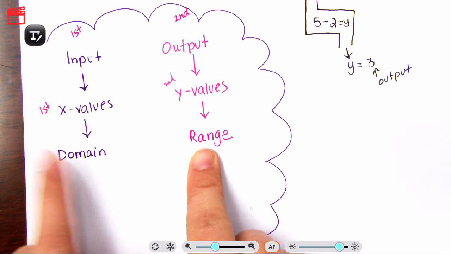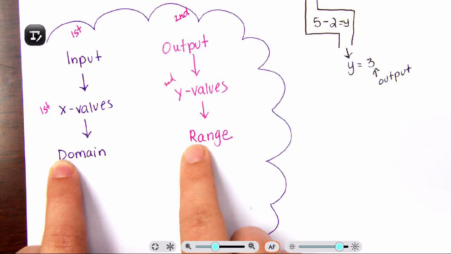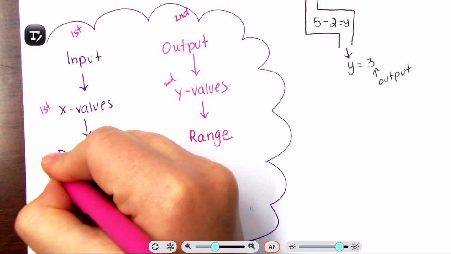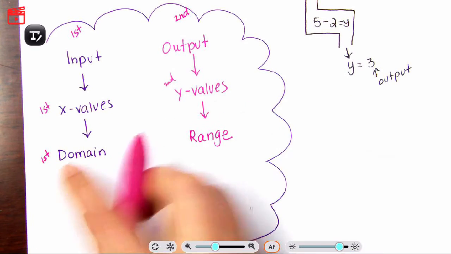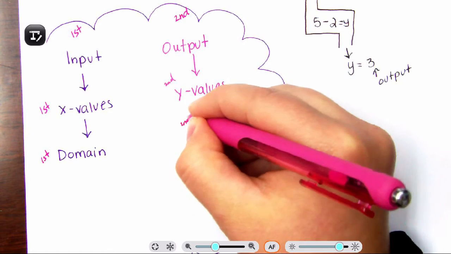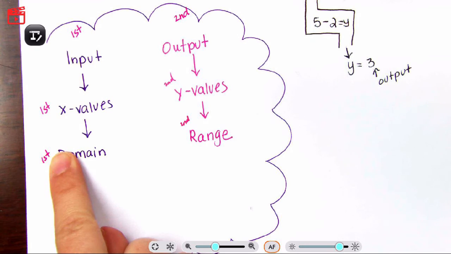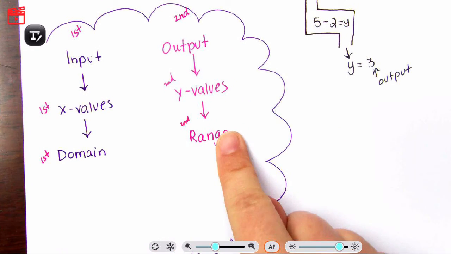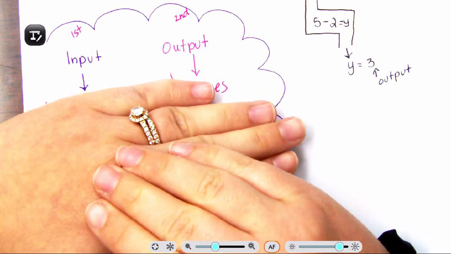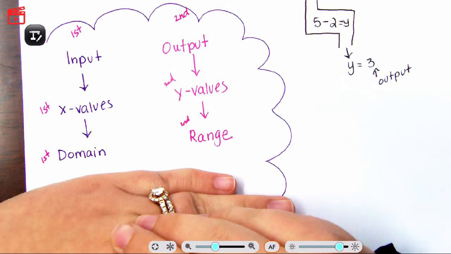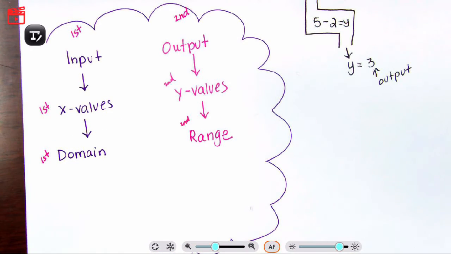A, B, C, D, E, F, G, H, I, J, K, L, M, N, O, P, Q, R. So again, the domain D is first, then R is second. So notice how all of these in the alphabet come first, and then all of these come second. Okay, input, output, X and Y, domain, range. That's the easiest way that I can recommend you remembering these.